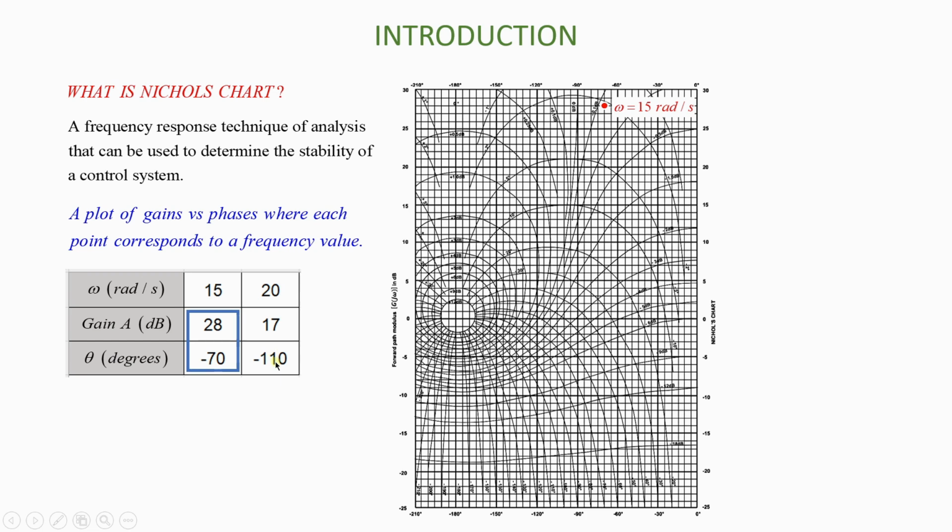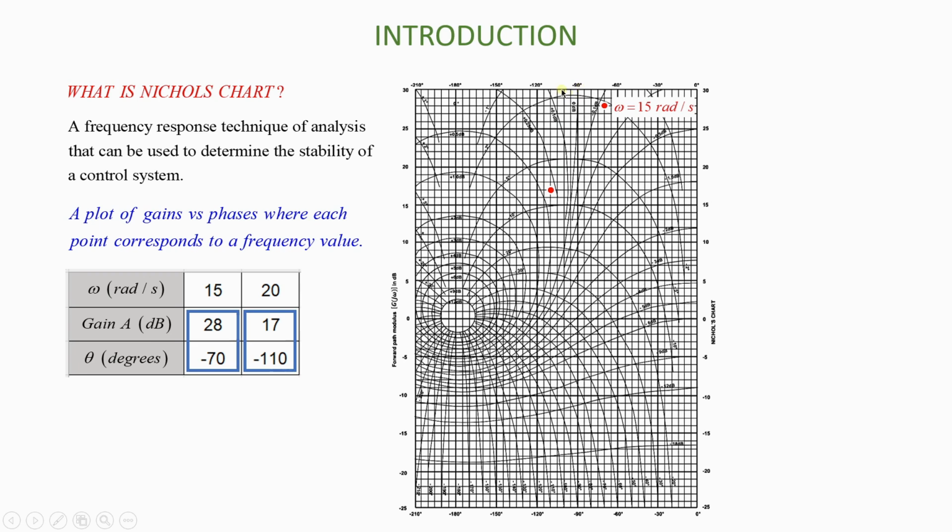And we can do the same thing for the second point here, where the magnitude is 17 and the phase is minus 110. And if we plot it carefully, we will find it to be here, because if you look here, the magnitude that you have, this is 15, so that's 16, and there is 17. And if you look at the phase, this is minus 90.